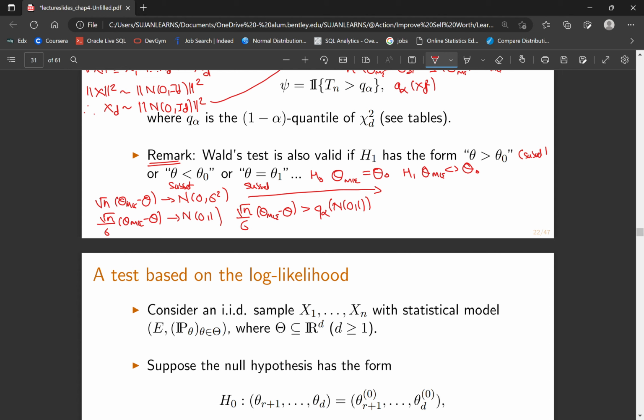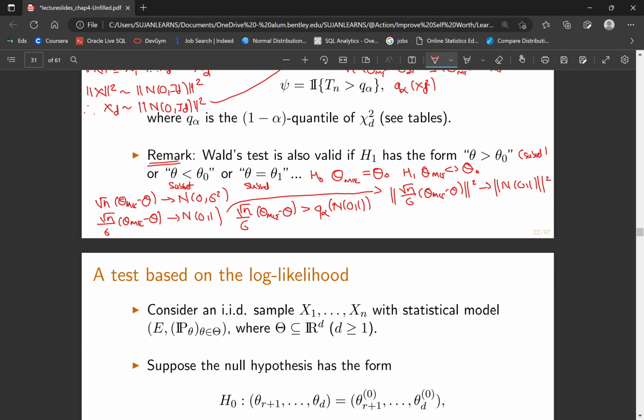Let's take the standard normal here and square both sides, θ_MLE minus θ, and square it on both sides. If we do this, this should happen.